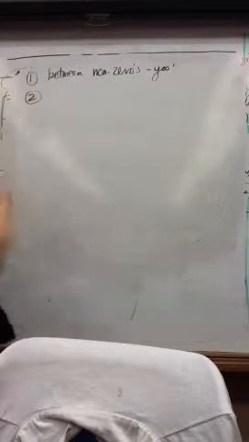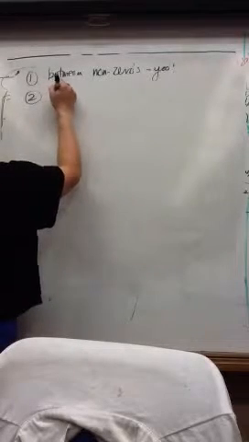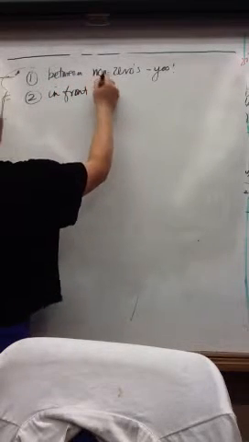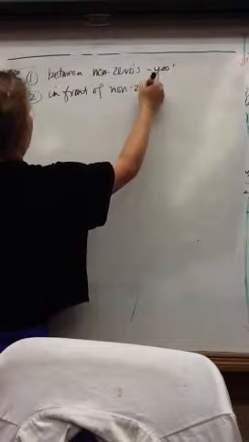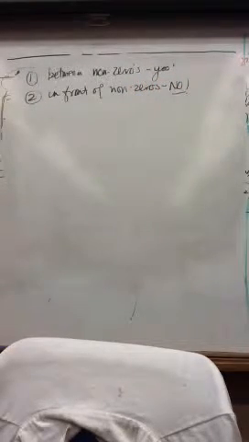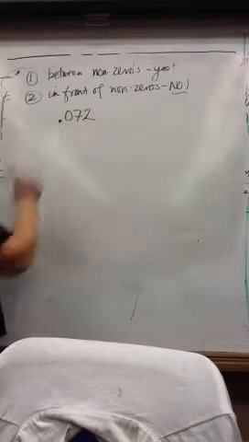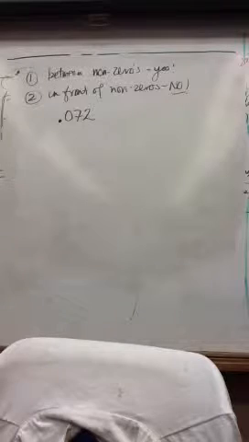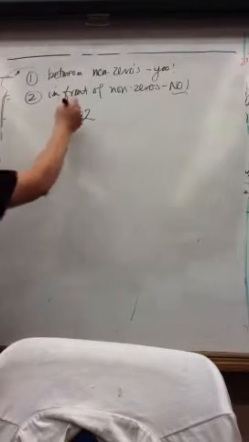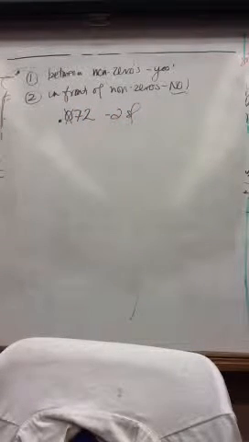The second rule. If you have a 0 out in front of non-zeros, it is not significant. Okay. So, if we have 0.072, to draw from our example earlier, how many sig figs are there? 2. This 0 is not significant. Okay?